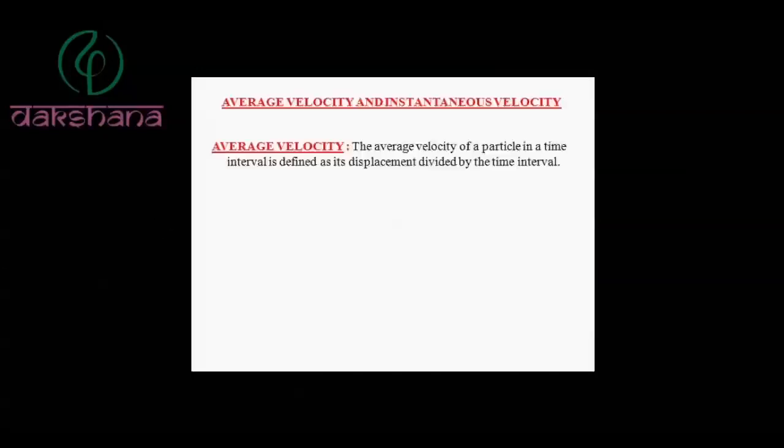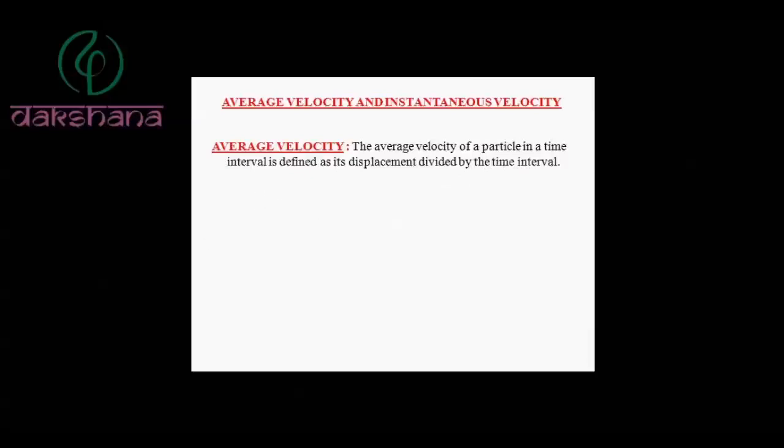Now let's move to some more definitions: average velocity and instantaneous velocity. The average velocity of a particle in a given time interval is defined as its displacement divided by the time interval.